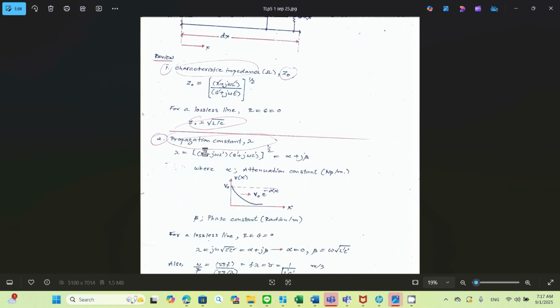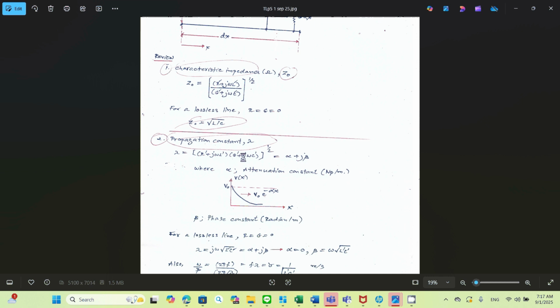The next one is very important as well, the propagation constant gamma. You have gamma equal to the square root of R prime plus j omega L prime multiplied by G prime plus j omega C prime. It is very similar to the equation for Z0, but instead of dividing the two terms, you multiply them together.